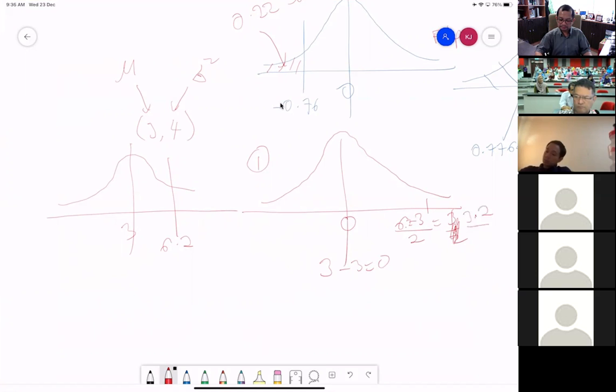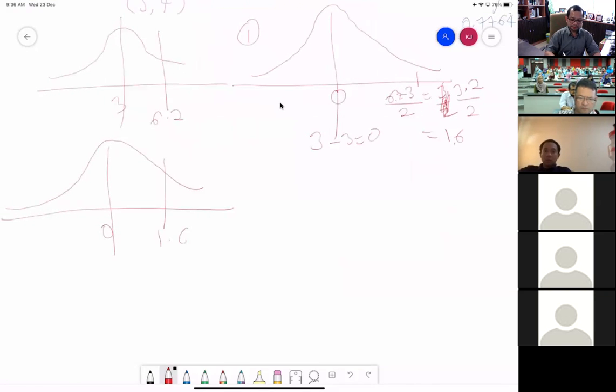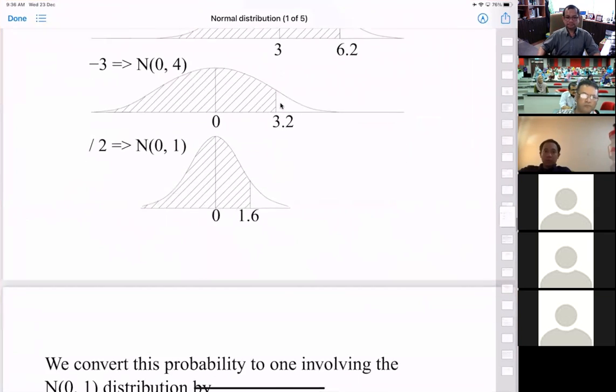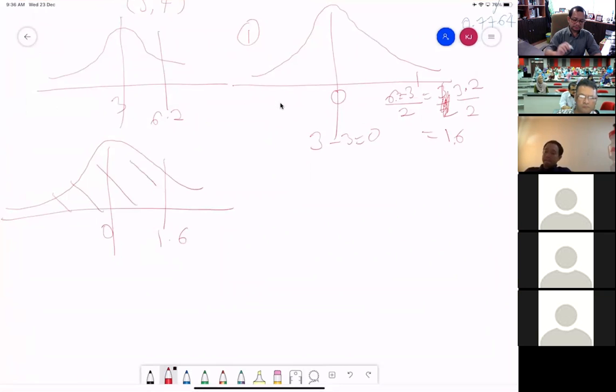Then we divide by 2, equal to 1.6. So the final value that we get is 1.6. Then when we have this, we can read from the table. We want to know this area, so the probability less than 1.6.